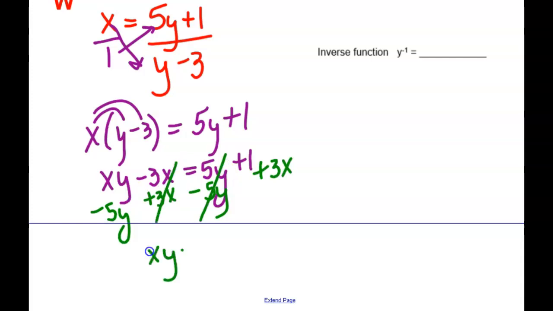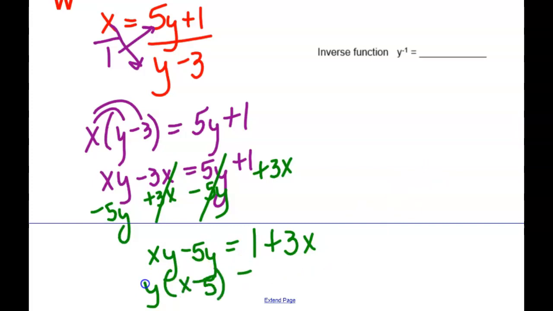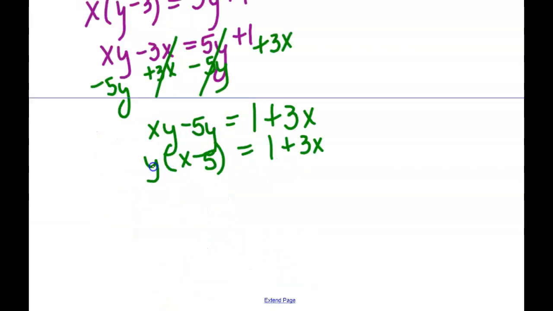So I have an xy minus 5y equals a 1 plus 3x, or 3x plus 1. The order doesn't matter. Then I factor out the y, and that leaves me with an x minus 5. And then I divide.